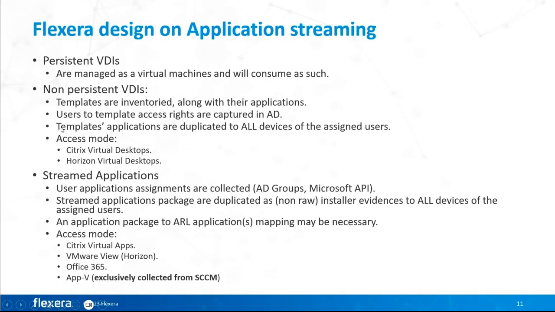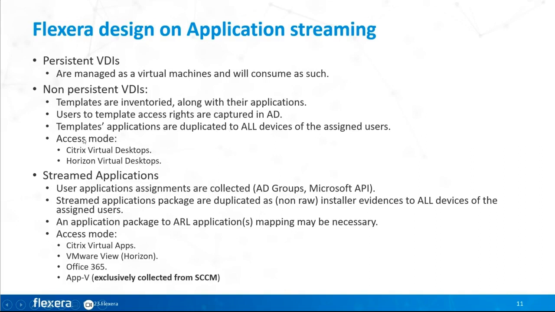And the design is that we duplicate the templates application on all of the devices of the assigned users, which is a way of showing the worst case. If a user has 4 devices, he may access the streaming server or the desktop, the virtual desktop from 4 machines. So he will get a remote application.